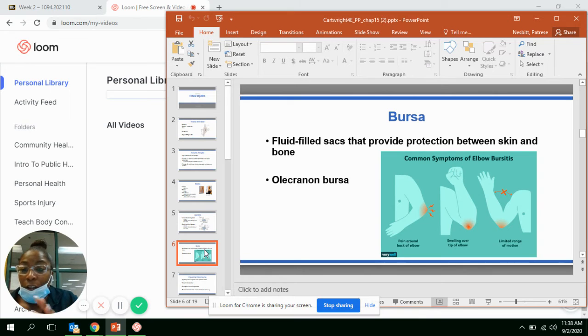Same treatment: follow the PRICE method and the other video we talked about in terms of helping with bursitis, or you can refer them to the doctor, especially if movement is limited.